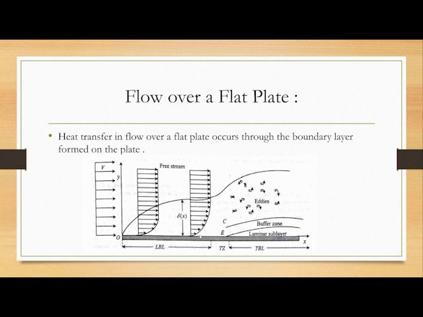As we move further away from the surface, the viscous force which is exerted by the surface of the layer decreases. That's why the fluid flows with the free stream velocity.